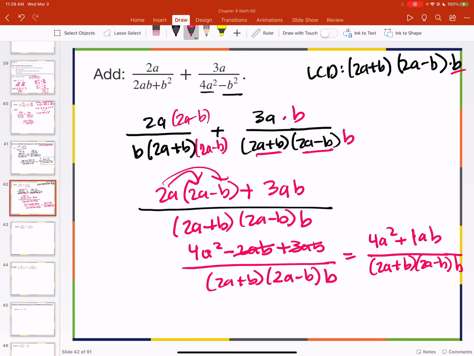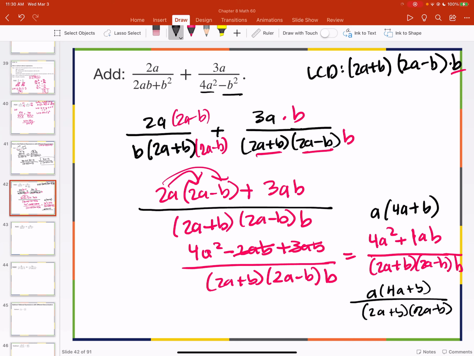It actually wouldn't. So you can leave it like that, or you can just factor it. It's a good habit to factor the top, because sometimes you will get something that cancels out. In this case, nothing canceled out. So your final answer is a times 4a plus b all over the LCD, which is 2a plus b, 2a minus b times b.